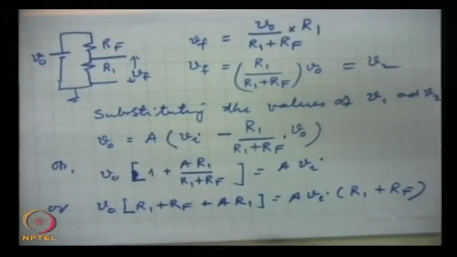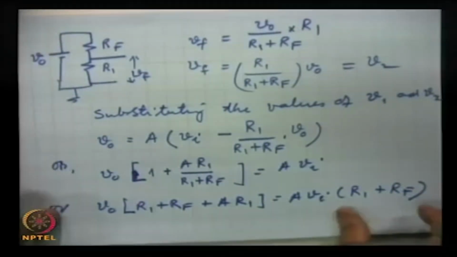And now from here we can get the closed loop gain. From this expression we will get gain with feedback.